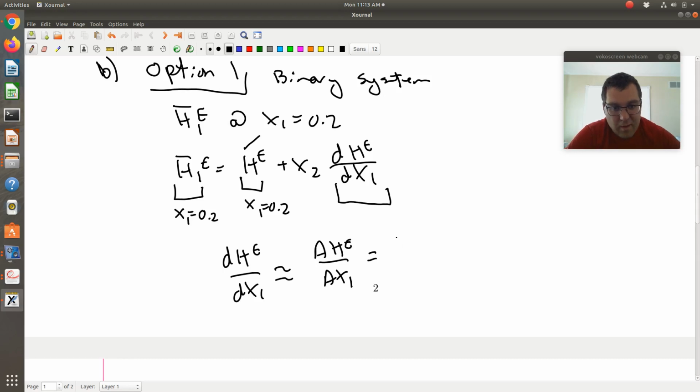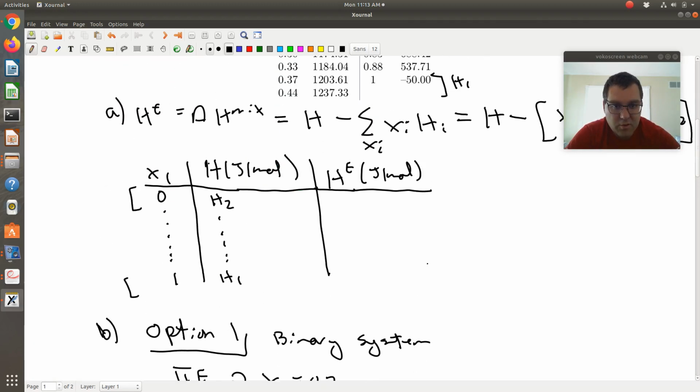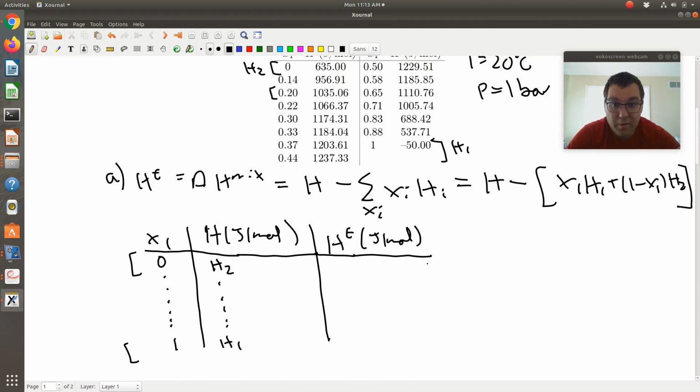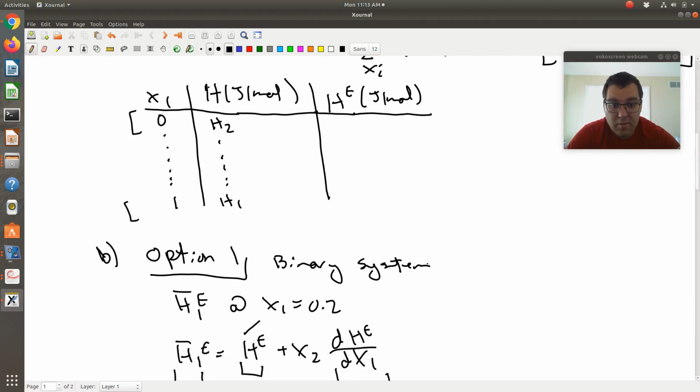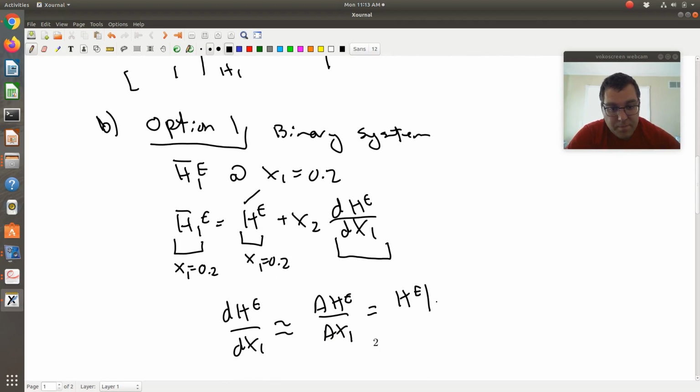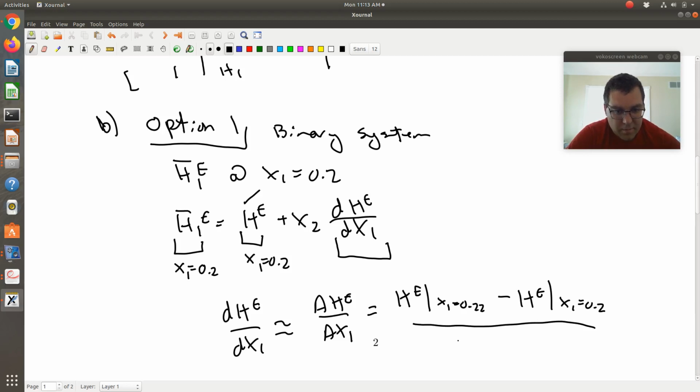So let's just use forward finite difference: I evaluate HE at x1 is 0.22 minus HE at x1 is 0.2, divided by 0.22 minus 0.2, which is 0.02.